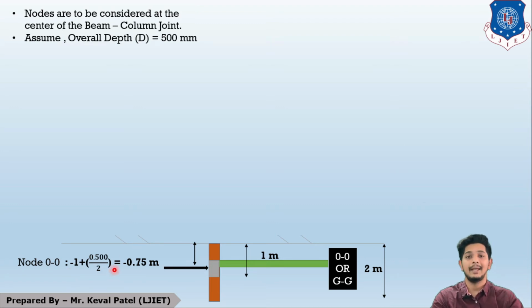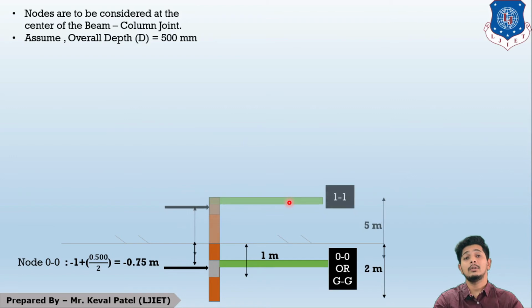So I have taken -1 plus 0.500 by 2, so it will be in the center of the beam. This distance is taken as minus 0.75 meter from the ground line. All these node distances are taken in reference to the ground line. Keep that in your mind.